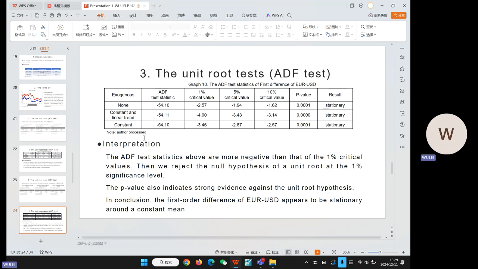Then we reject the null hypothesis of a unit root at the 1% significance level. The p-value also indicates strong evidence against the unit root hypothesis. In conclusion, the first order difference of EUR-USD appears to be stationary around a constant mean.